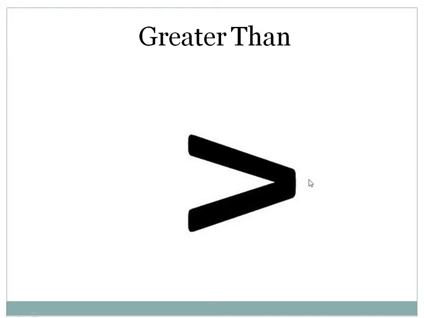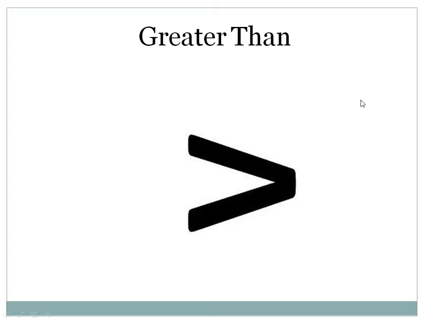So if you look at the sign here, you see how it's really big on one end and smaller on the other end? Well, that just lets you know that whatever it's comparing, the big part of the symbol is actually going to be facing the big whatever it is. If it's a number, if it's an image, whatever it is, it's going to be bigger than the other side.